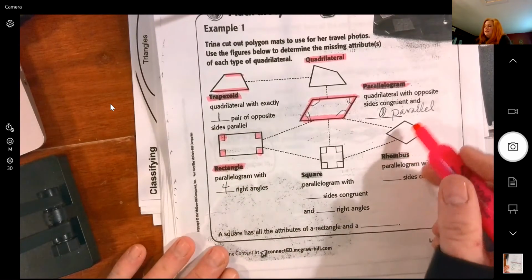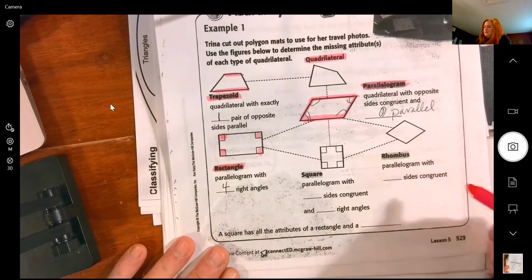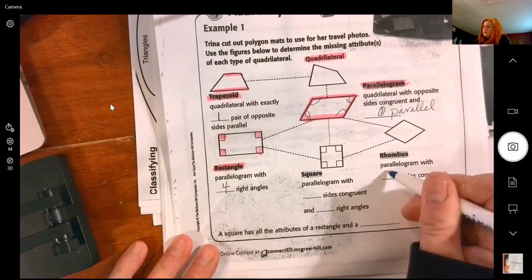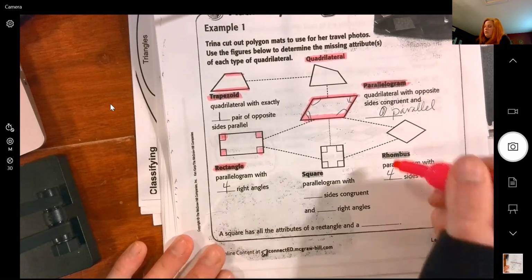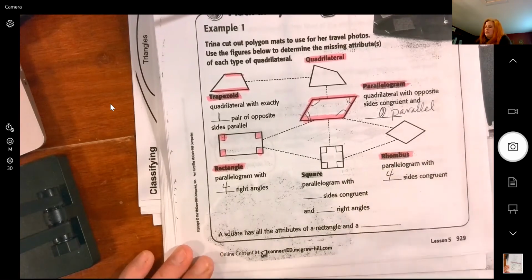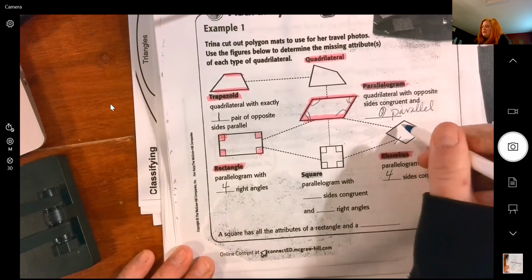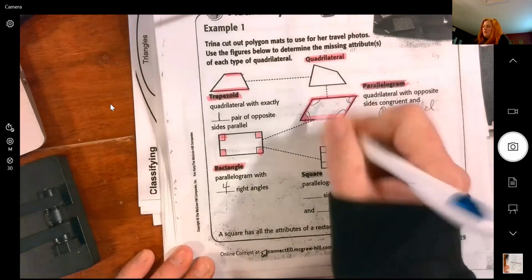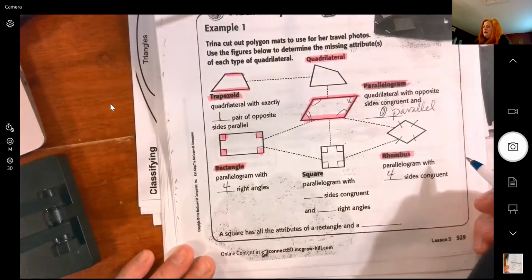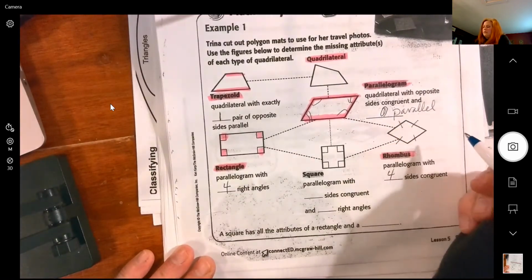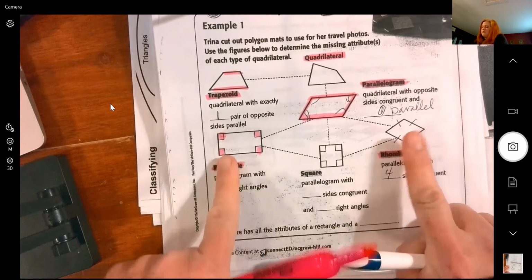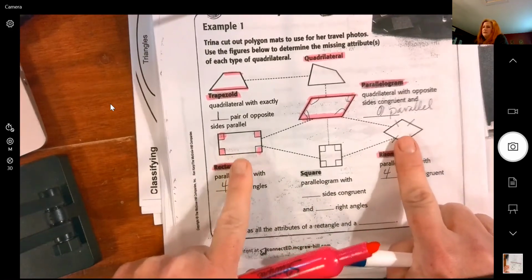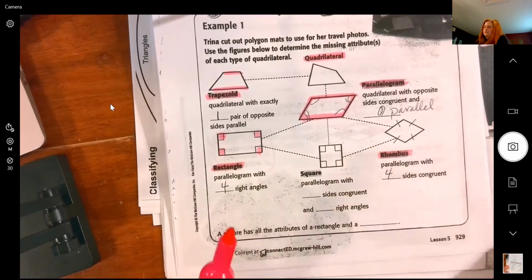Now, if all the sides are congruent, it's a rhombus. Some people used to call these diamonds. And that means it's a parallelogram because it has opposite sides parallel and it has 4 congruent sides. If it's both of these, it's a square.